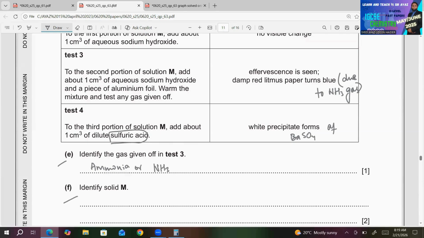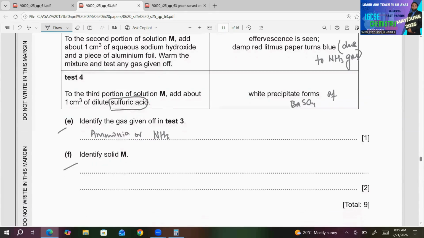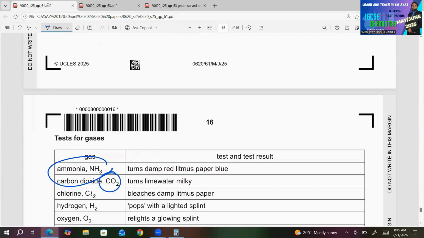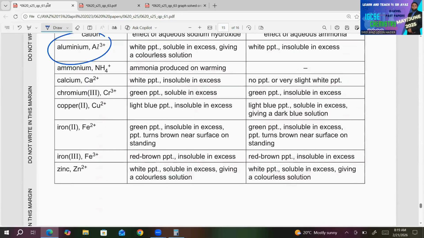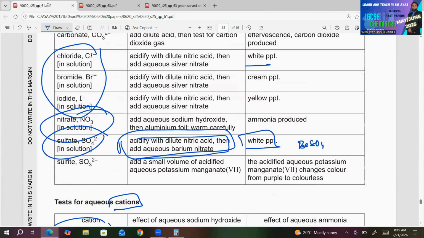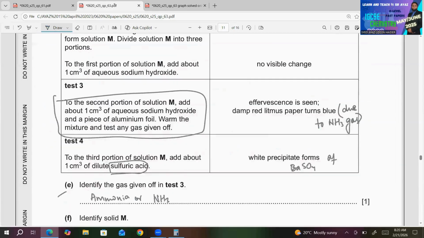Now in F, identify solid M. So we have barium nitrate, NO3, because this test is of nitrate. We look at the test here for the anions. It gives ammonia gas. So it must be barium nitrate.